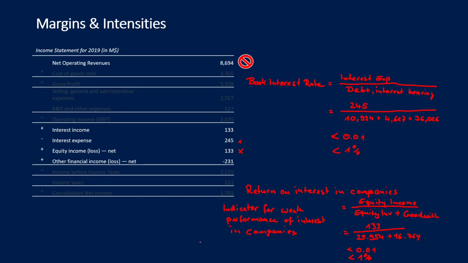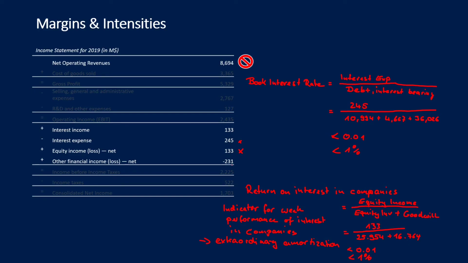And what follows after a weak performance of those companies, typically we would have to book a write-down, an amortization, an extraordinary amortization of those equity holdings.